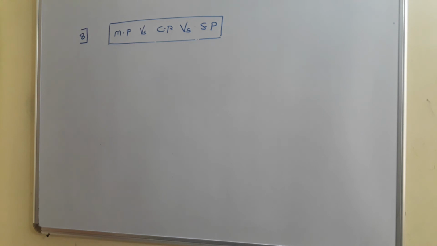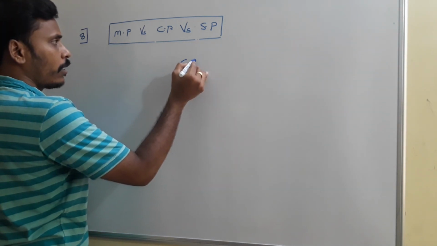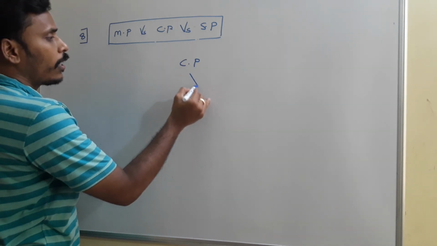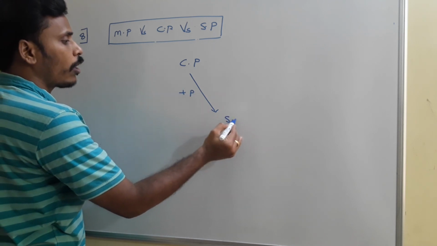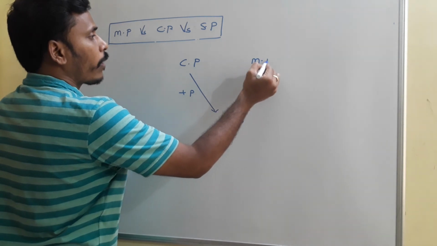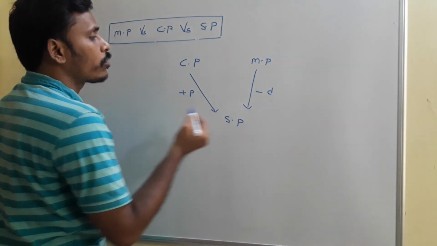Suppose I have cost price, then if I sell for some profit, I reach selling price. In the same way, if I have market price, then by giving some discount I will reach selling price.